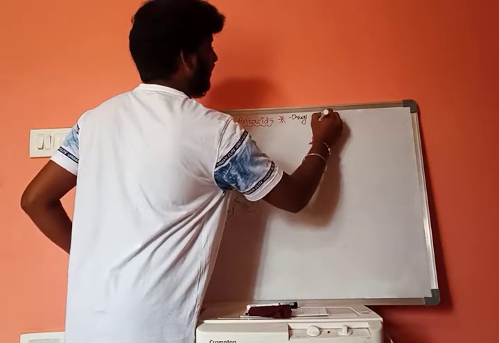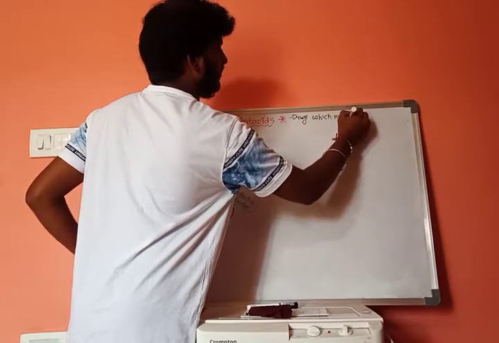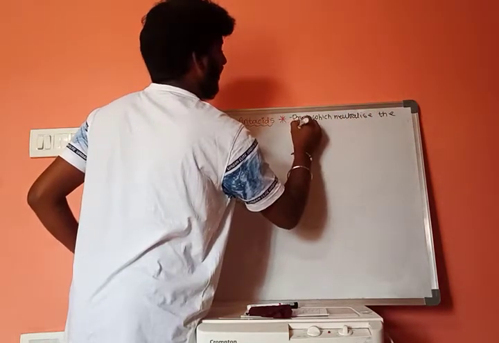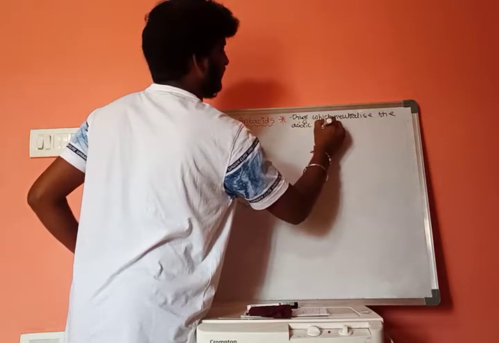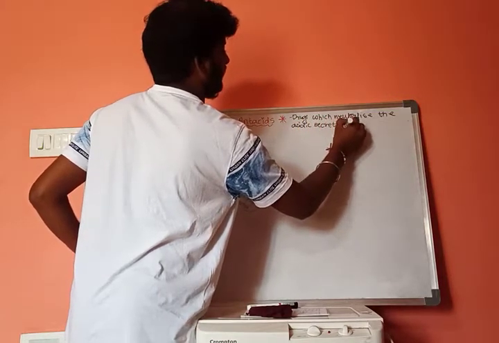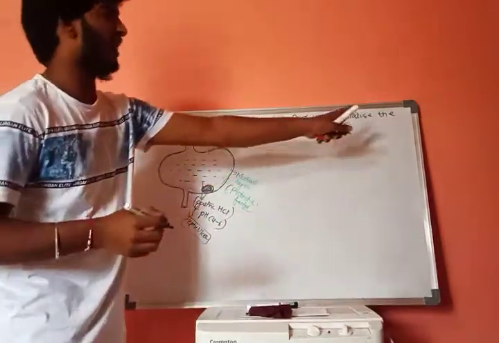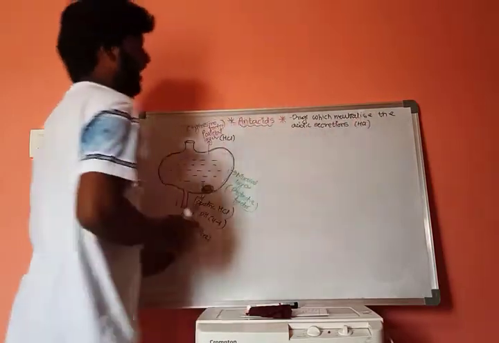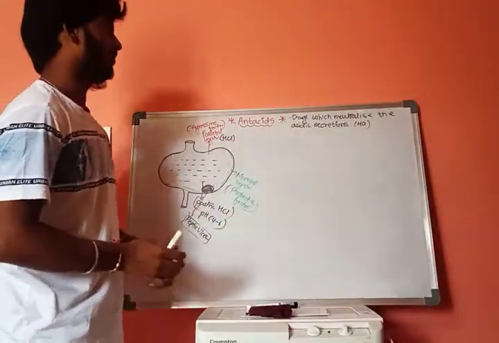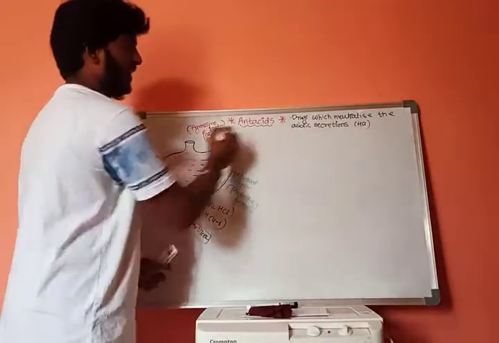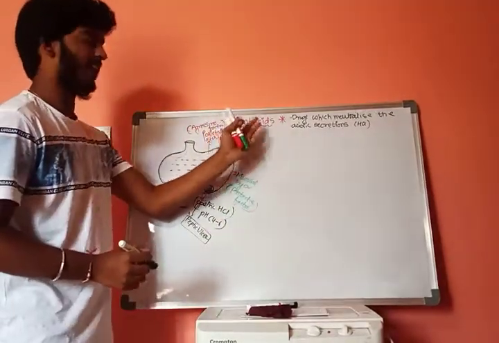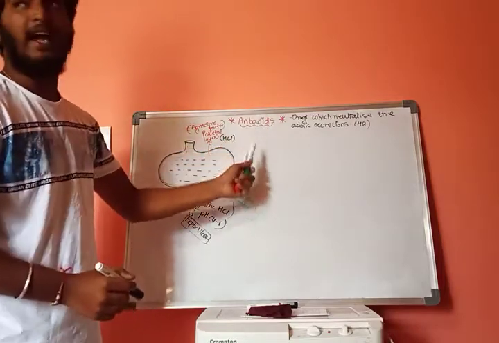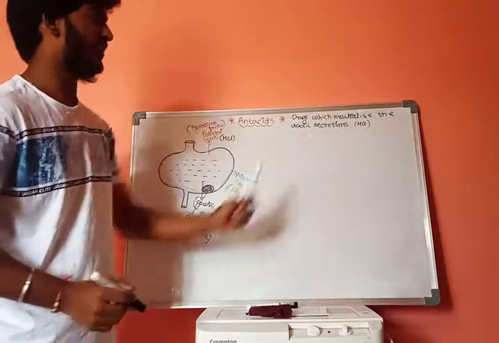Drugs which neutralize the acidic secretions in the stomach, that is HCl, are called antacids. The word antacid is made of two parts: anti and acid. Antacids are the drugs which work against the acids and help in neutralization of the acid, that is HCl in the stomach.